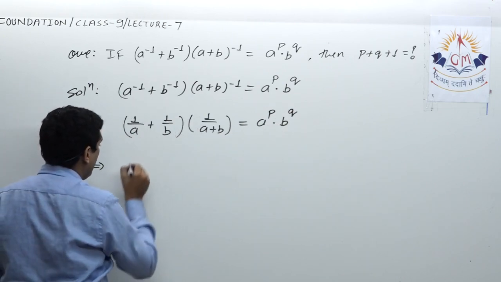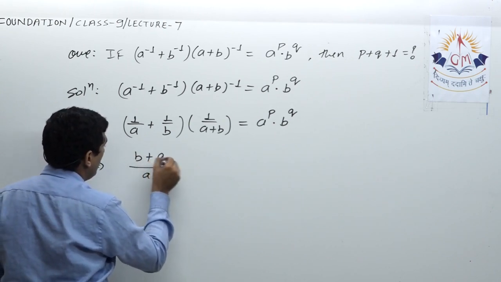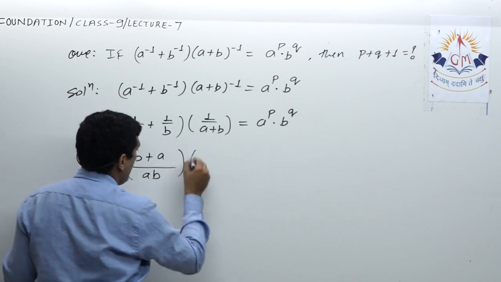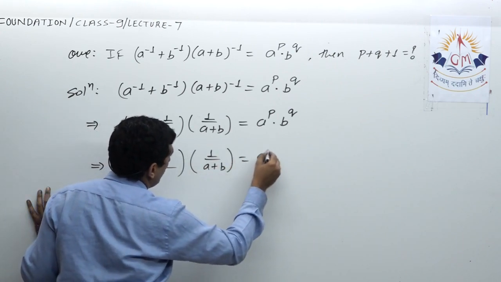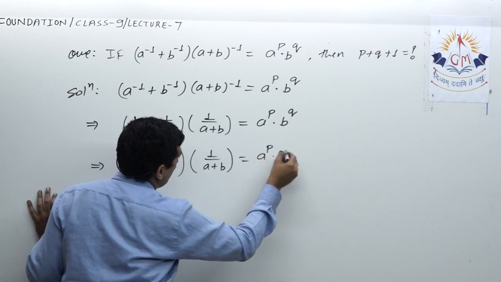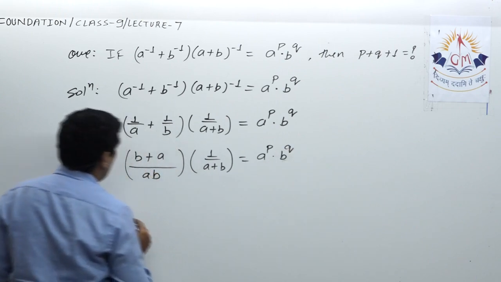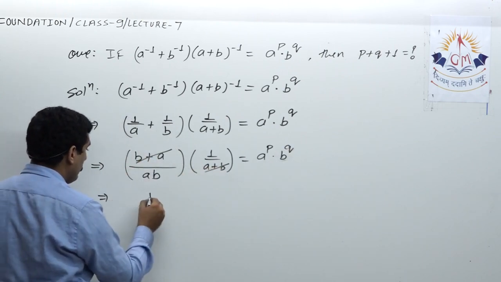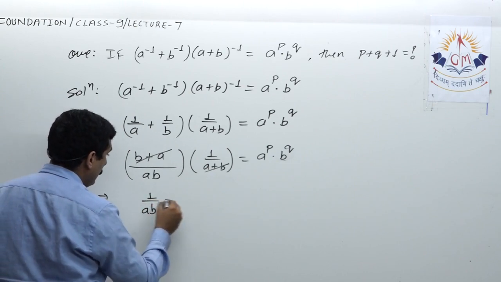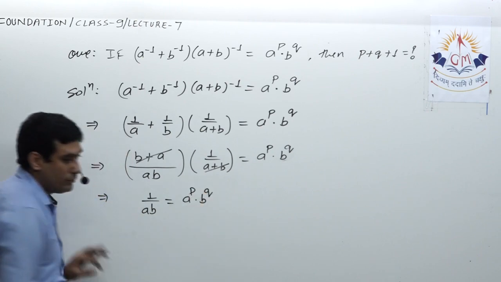Now over here I can take LCM, that is ab, so here I will get b plus a upon ab into 1 upon a plus b is equal to a raised to p into b raised to q. Okay, now this a plus b will cancel out, so I am left with what? 1 upon ab is equal to a raised to p into b raised to q.